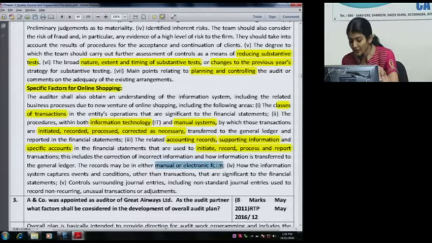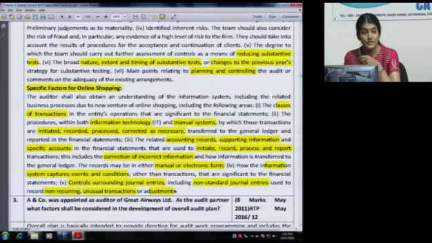Records may be in manual or electronic form. This includes the correction of incorrect information. How the information system captures events and conditions other than transactions that are significant to financial statements. And controls surrounding journal entries, including non-standard journal entries used to record non-recurring unusual transactions or adjustments.